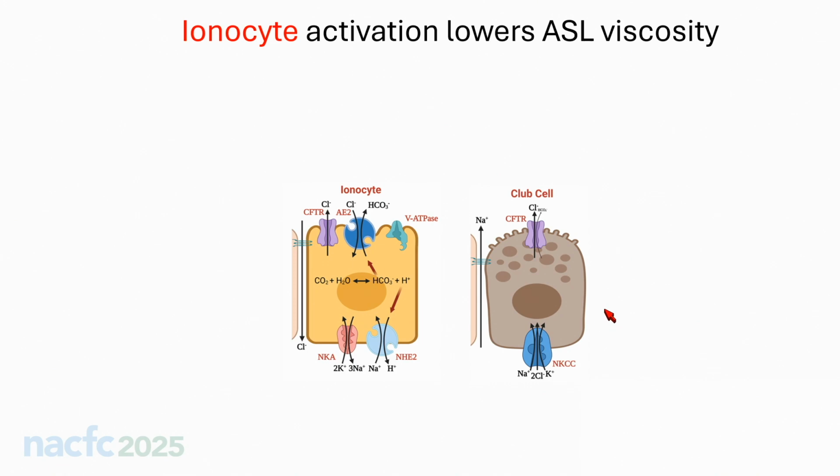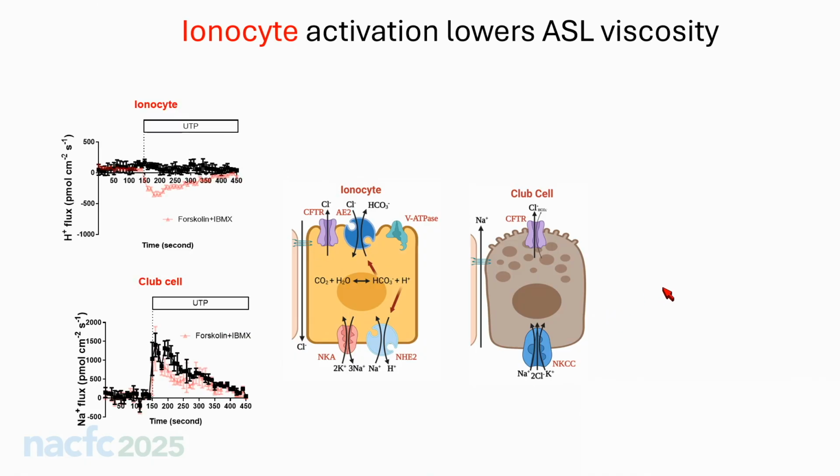We wanted to see if we could separate these two functions, and we decided to take advantage of one of the descriptions of Dr. Kenichi Okuda in a 2021 paper in the Blue Journal, where he showed that UTP does not stimulate ionocytes because ionocytes don't express the P2Y receptor that is required for responding to UTP, but club cells do, and they showed the transport by secretory cells.